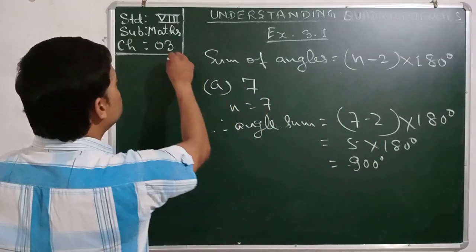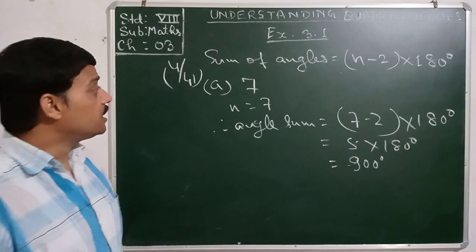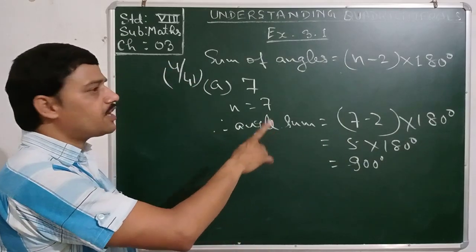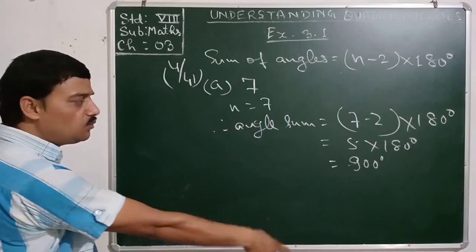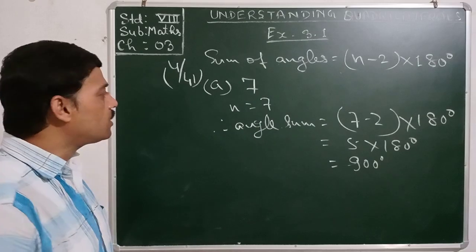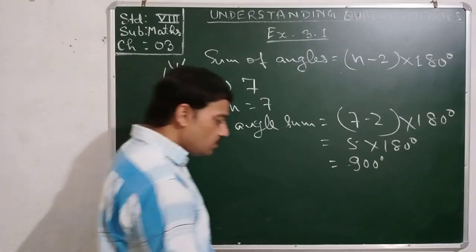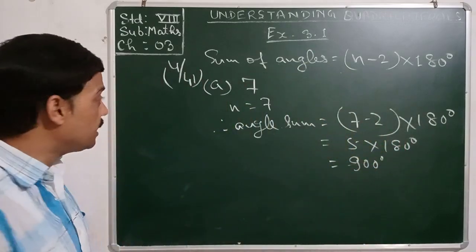Come to the 4 number sum. I had explained triangle, quadrilaterals, pentagon and hexagon. Thereafter the septagon we have found out. Similarly, you will try to find out in case of octagon, decagon, those are given there.